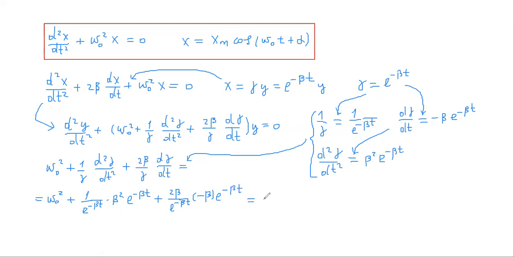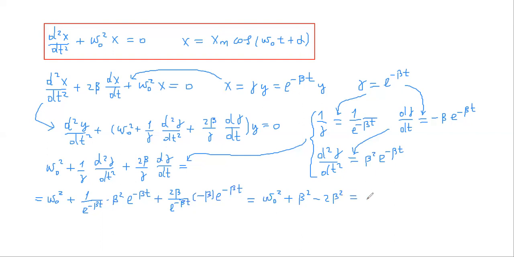It will be equal to omega 0 to the power of 2 plus beta to the power of 2 minus 2 beta to the power of 2.